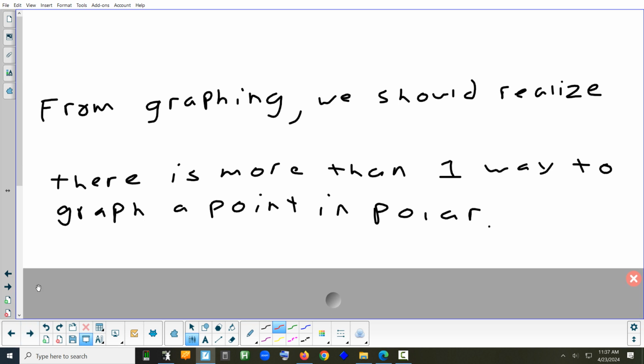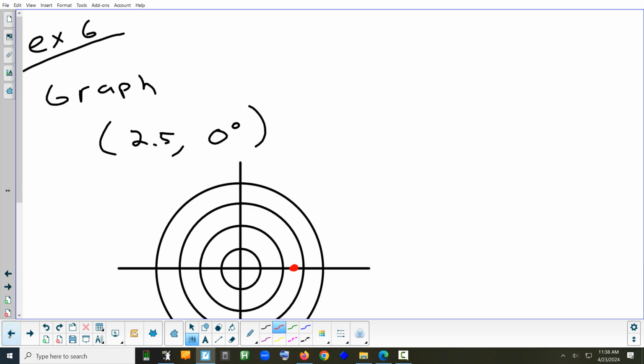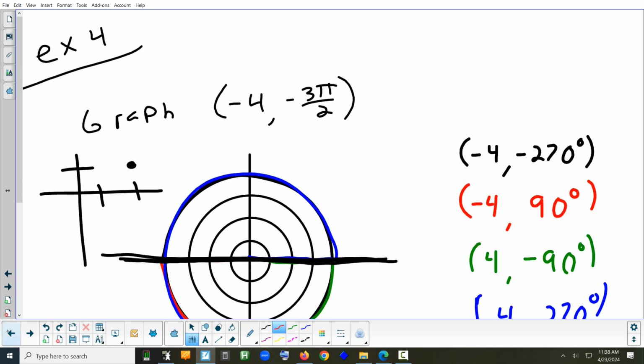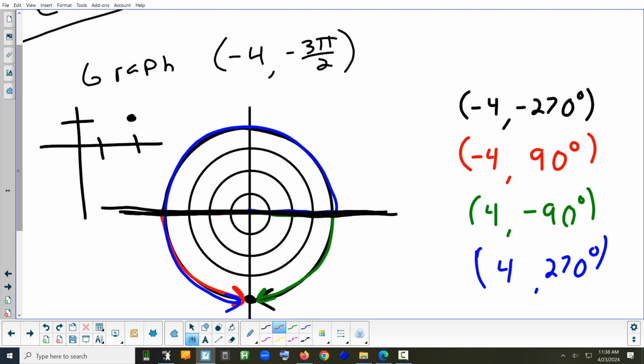Okay, so I already pointed that out to you. When you graph a point in polar, there is more than one way to get to the point. And the reason I show you that is because when you do calculations in polar, you might get a certain answer, but if it was a multiple choice question on the test, I might have a different answer listed. Maybe you get the answer in red, I list the answer in blue. You need to understand that they're the same thing.